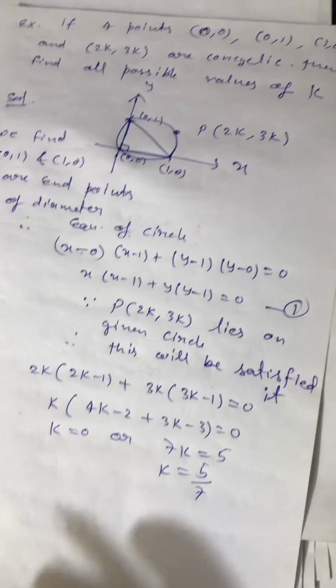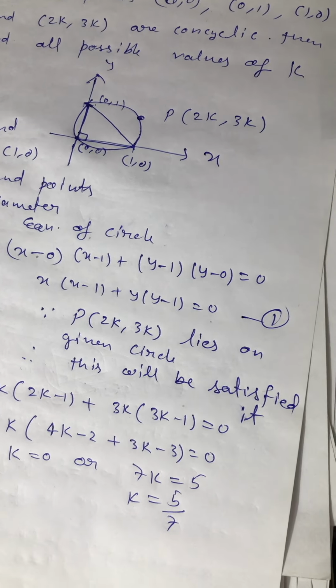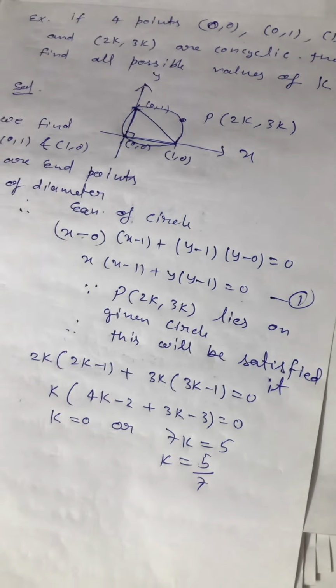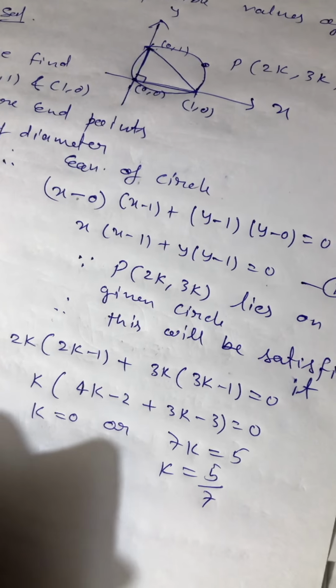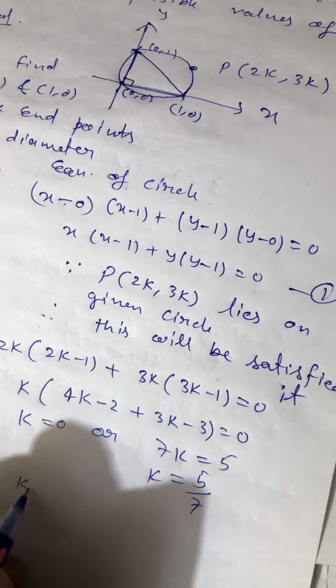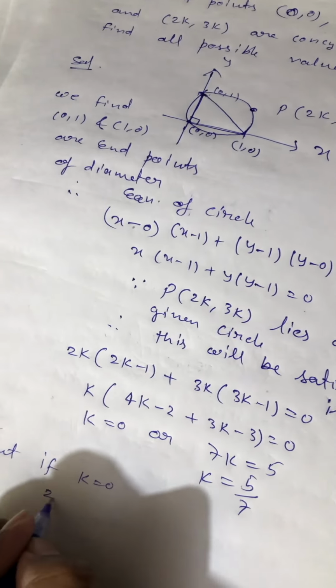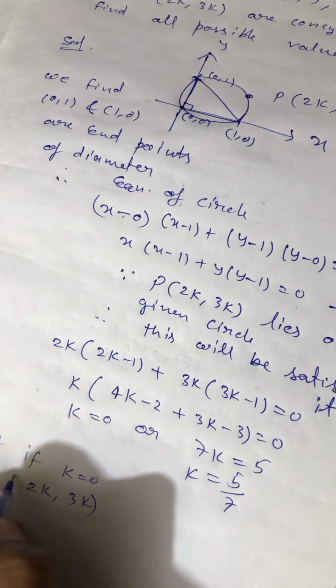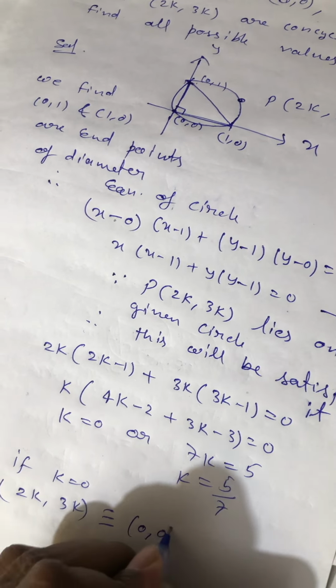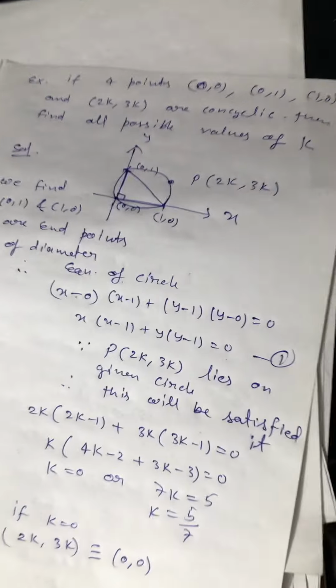So this is what the question asked, what is the possible value of k. But if I take k equal to 0, then (2k, 3k) becomes (0,0).